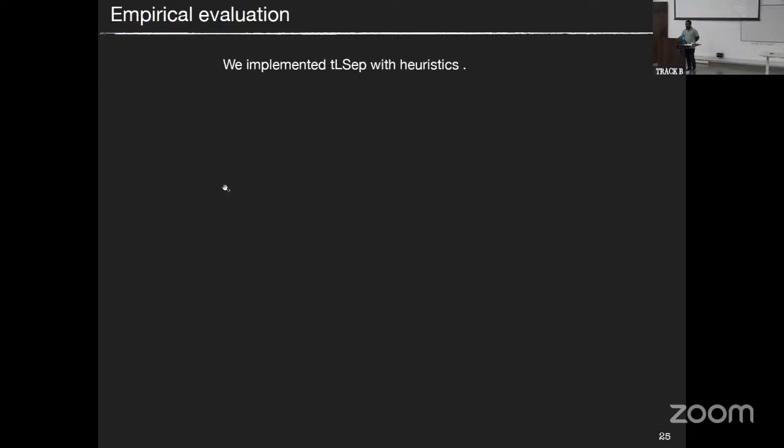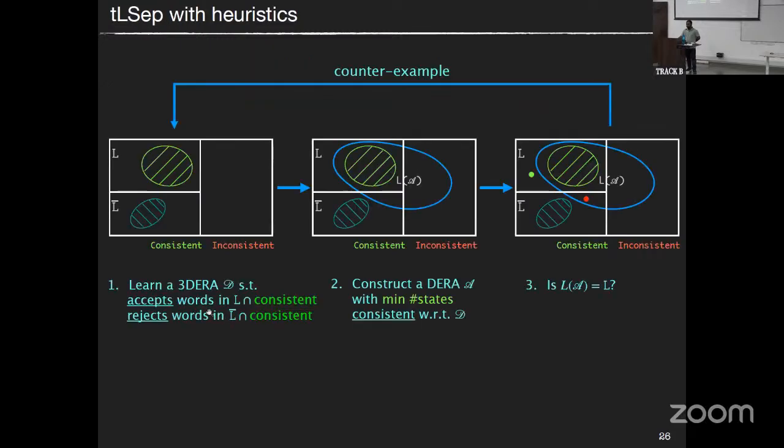So we also implemented this algorithm, but not exactly, with some heuristics. There are two heuristics, if you remember the picture. First, we don't consider this intersection with consistent because it is hard, and also we don't consider minimality here because it is NP hard. So we design an algorithm which runs in polynomial time, but minimality is not guaranteed.